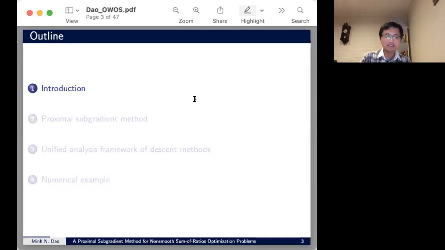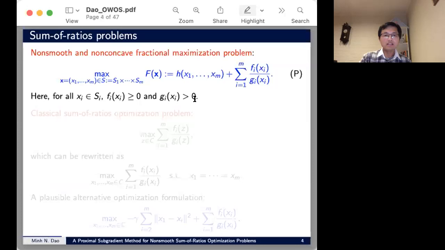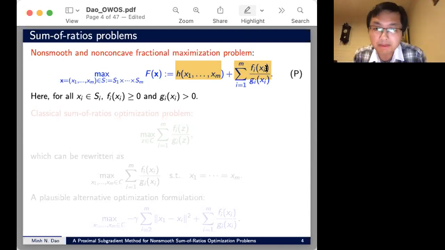Now let's start with sum of ratio problems. In this talk, we consider the non-smooth and non-concave fractional problem of maximizing the sum of a function h and a finite number of ratios f_i of x_i over g_i of x_i.